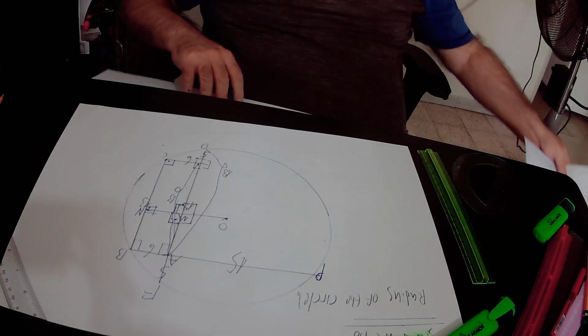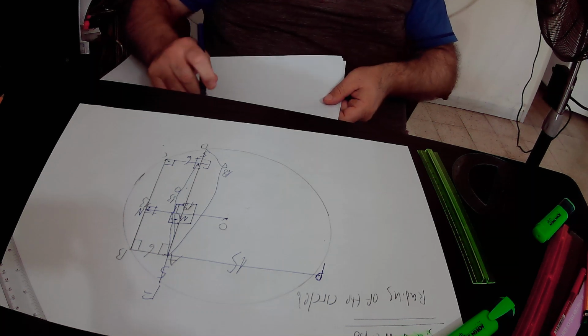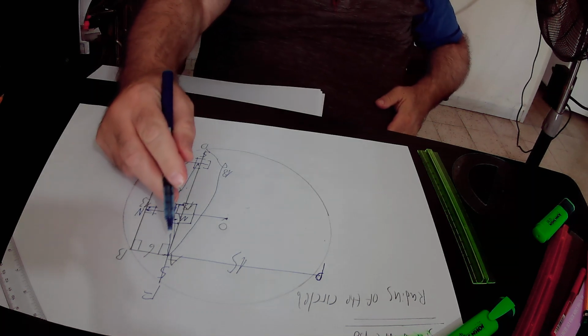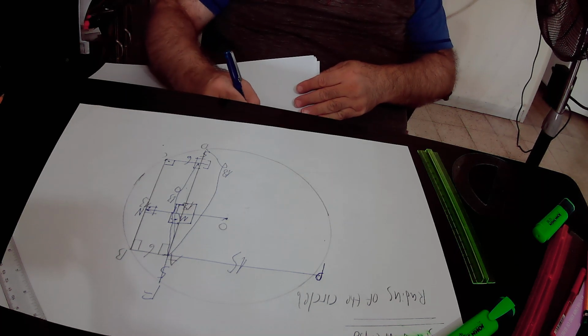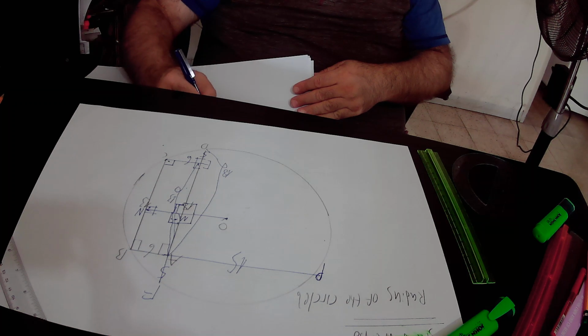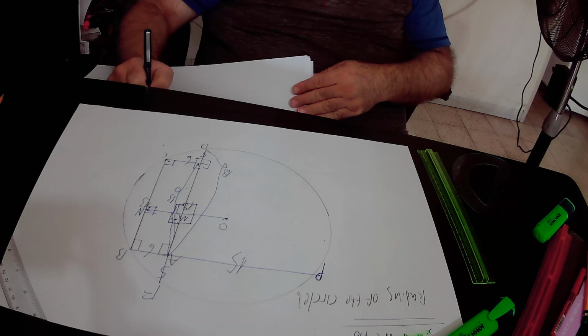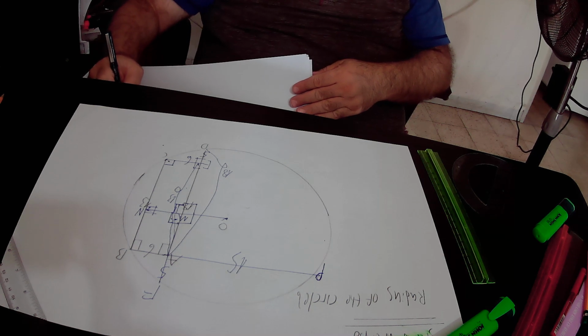Why? Because in our drawing we have chord FD intersecting with chord PB at 90 degrees.